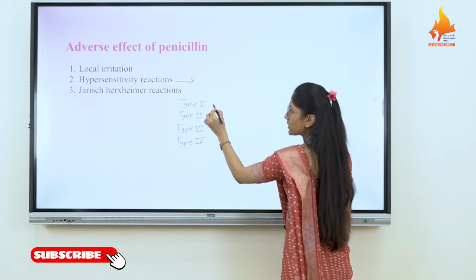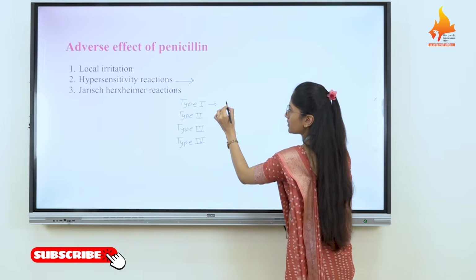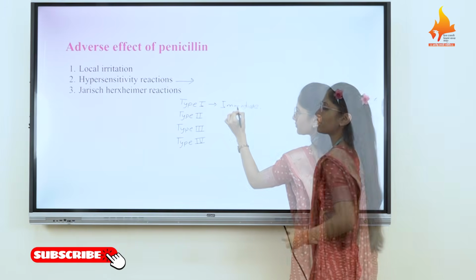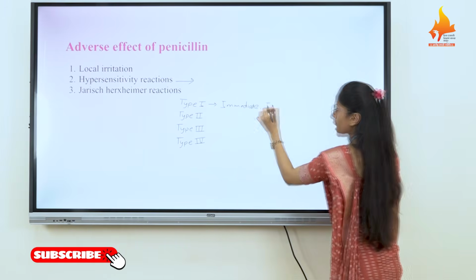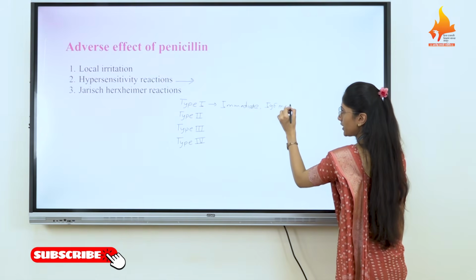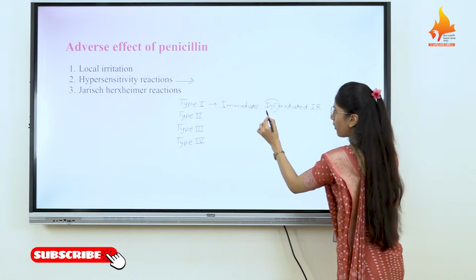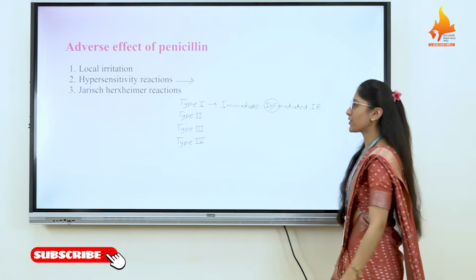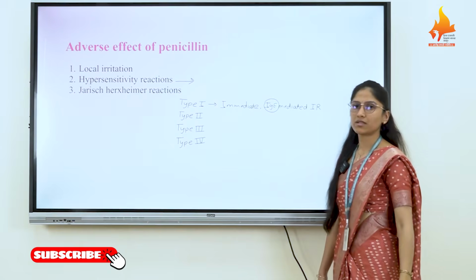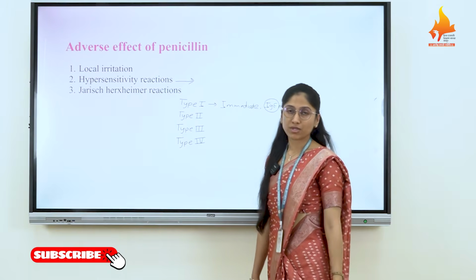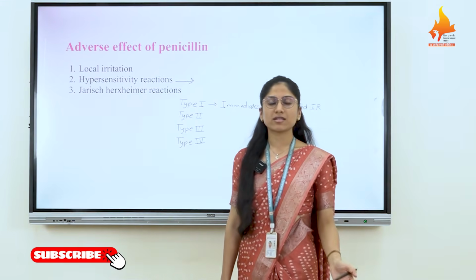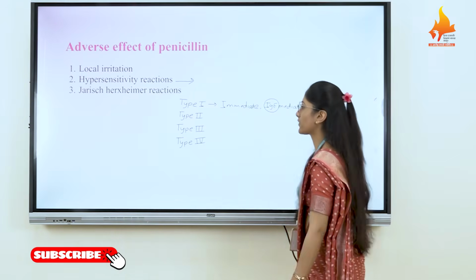The type 1 hypersensitivity reaction is the immediate response, which is also known as IgE mediated immune response. This particular antibody, IgE, is the immunoglobulin. So this IgE binds to the mast cell and there is the release of histamine.